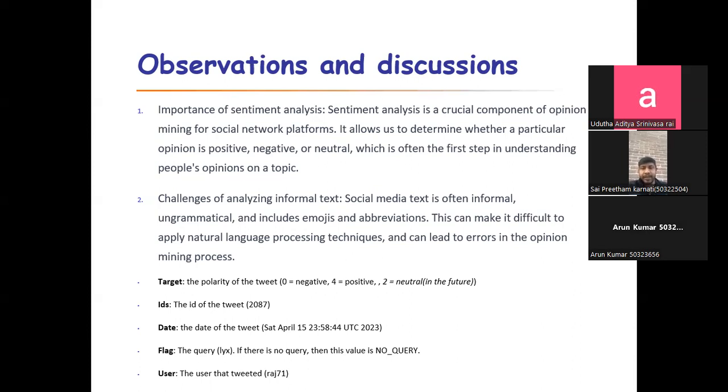This can make it difficult to apply natural language processing techniques and can lead to errors in the opinion mining process. And the target is the polarity of the tweet, where 0 is negative, 4 is positive, and 2 is neutral. And the IDs are tweet IDs, like 2087, and we also have a date, flag, and the user in this.